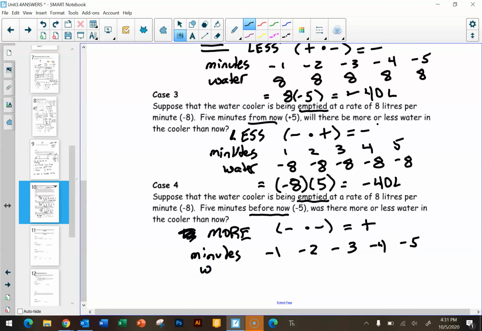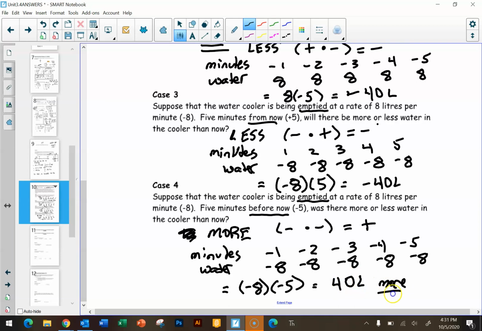And our flow of water is negative 8, okay, because we're losing 8 liters of water every minute that we had in the past. So what that equals out to in the end is we've got both a negative flow and negative time, which means 5 minutes ago, there was actually 40 liters more water.